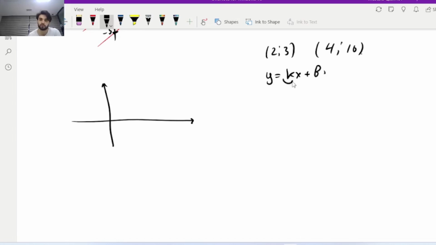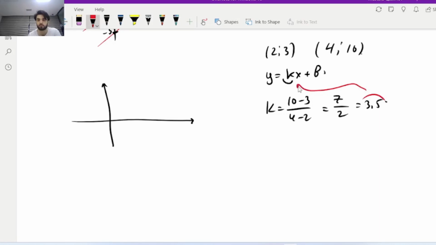For this one, first we have to find k. K is equal to 10 minus 3 over 4 minus 2, 7/2, it is 3.5. Then we have to write this 3.5 in the equation. So it will be y is equal to 3.5x plus b.